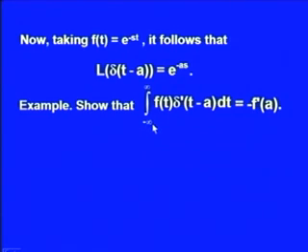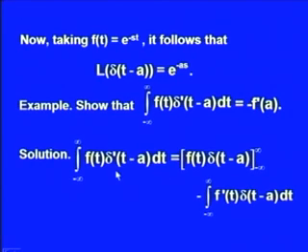Let us find the integral of f(t) into delta dash (t minus a) over the interval minus infinity to infinity. We shall see that it is equal to minus f dash a. Now, making use of integration by parts, the integral over minus infinity to infinity of f(t) delta dash (t minus a) dt can be written as f(t) into delta (t minus a) evaluated at minus infinity and plus infinity, and then minus the integral over minus infinity to infinity of f dash (t) into delta (t minus a) dt.